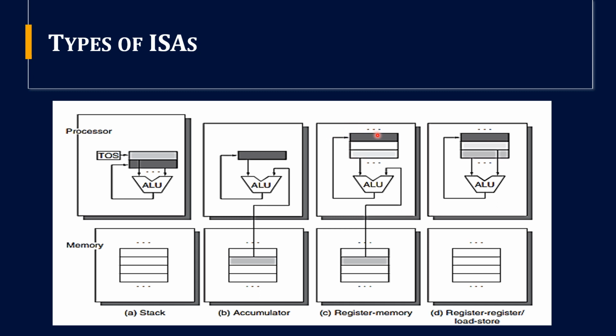Then, in the fourth case, that is the register, all the operands are there in the registers itself. So, after performing the ALU operation, the result is also stored back onto the register. Okay.